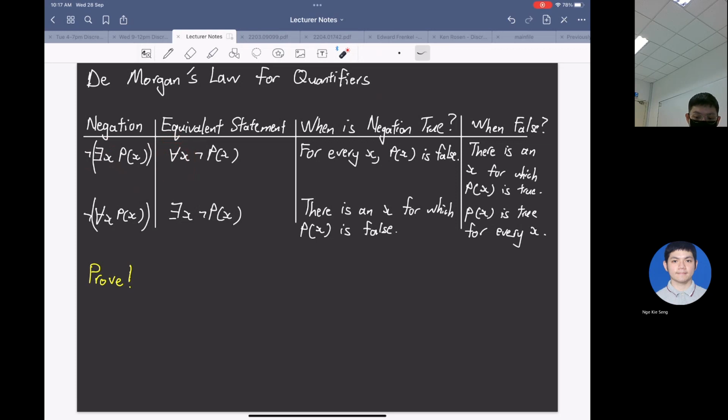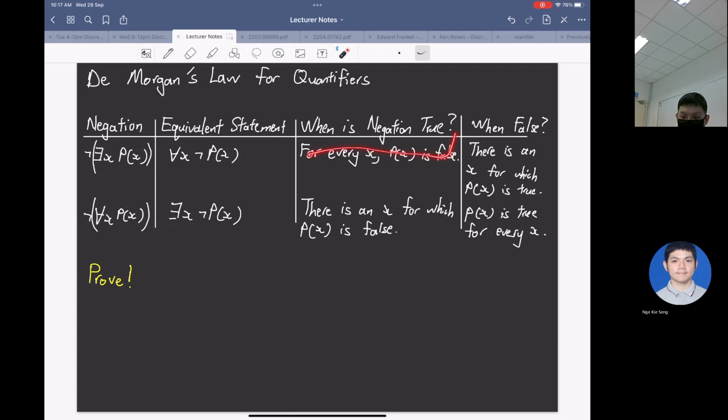So for some becomes for every, and then you need to negate the sentence itself as well. You bring the negation in, and then go to the back. Similarly, negating the universal quantifier becomes existential, and then you negate the sentence itself.